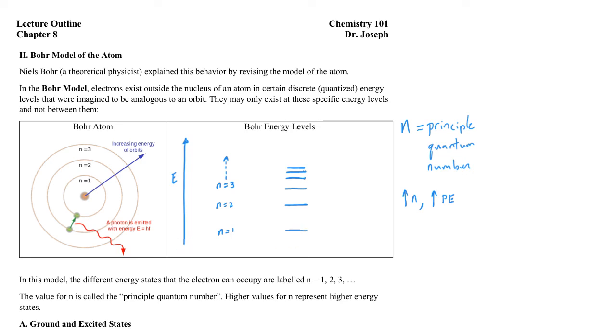You can imagine the nucleus being somewhere below this. n is equal to 1 is at the lowest energy level, and n is equal to 2 is a little bit higher than that, and so on. You'll notice that the spacing between the energy levels decreases as you increase the principal quantum number.